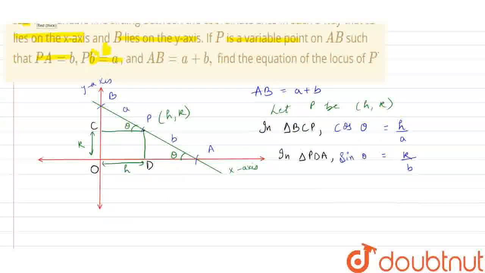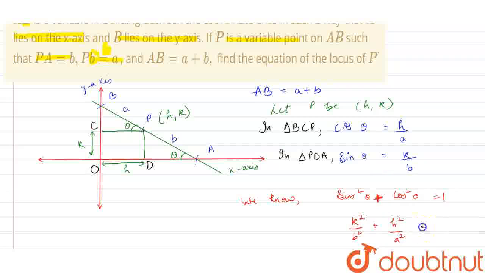Further we know that sin square theta plus cos square theta is equal to 1. So what is the value of sin theta here? We have k by b, that means k square upon b square because we have square here, plus cos square theta will be h square upon a square, which is equal to 1.